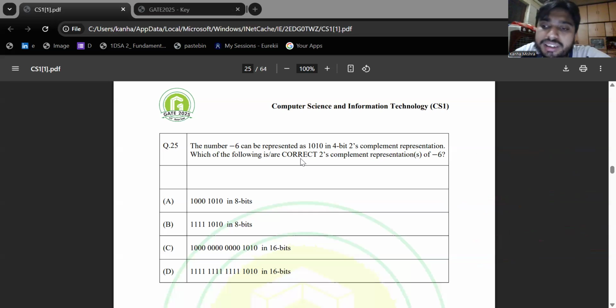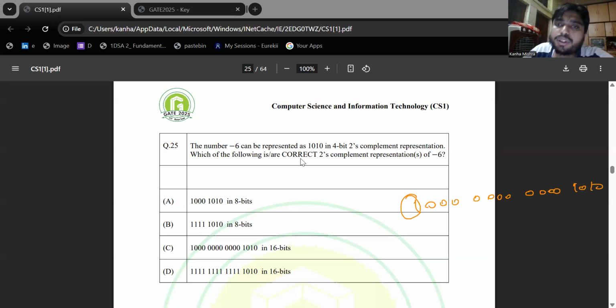So it is checked in 16 bit. So option C is 100000000000010. MSB is negative. Let's convert it to decimal. So if I convert this number, again the same process I will try.